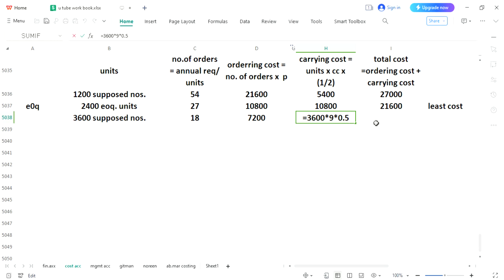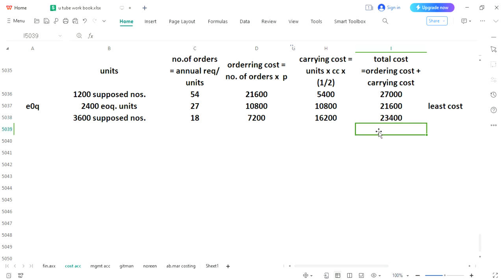Now finally we can calculate our total cost. How? You will add your ordering cost, 7200, with the carrying cost, that was 16,000, giving 23,200. So guys, you have seen that 23,200 is far more than 21,600.